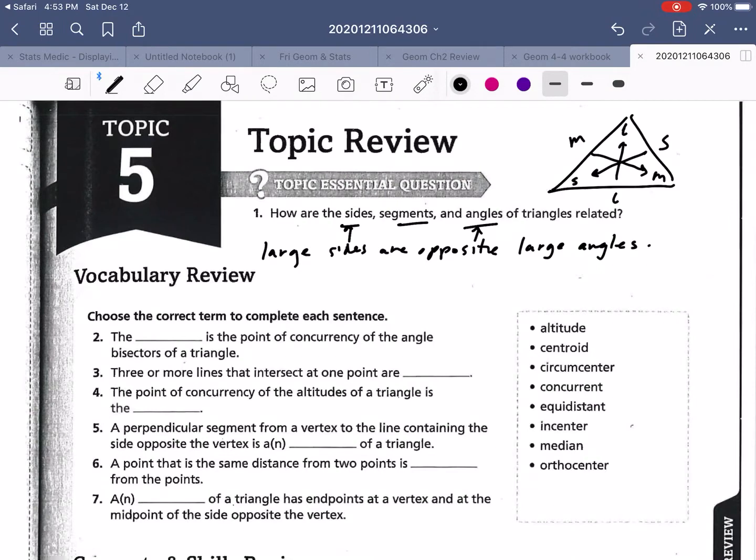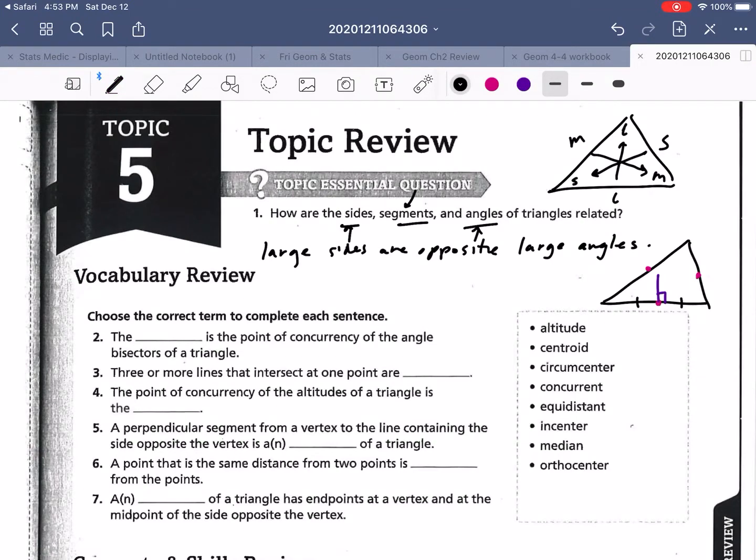When we think about segments, we can think about sides, but we can also think about how we can cut things in half. If I take a triangle and pick a side and cut it in half at a 90-degree angle, that's a perpendicular bisector, and it leaves me with two equal segments.